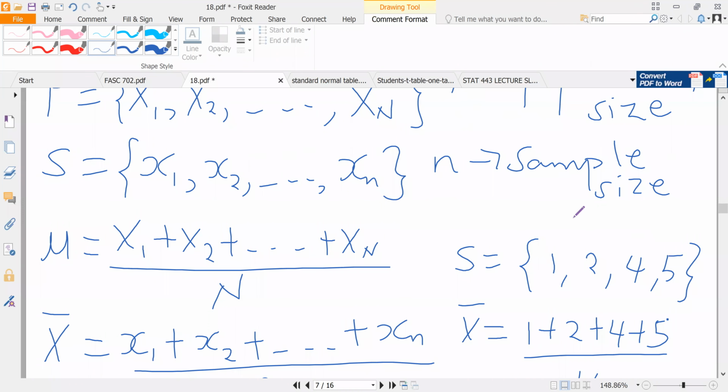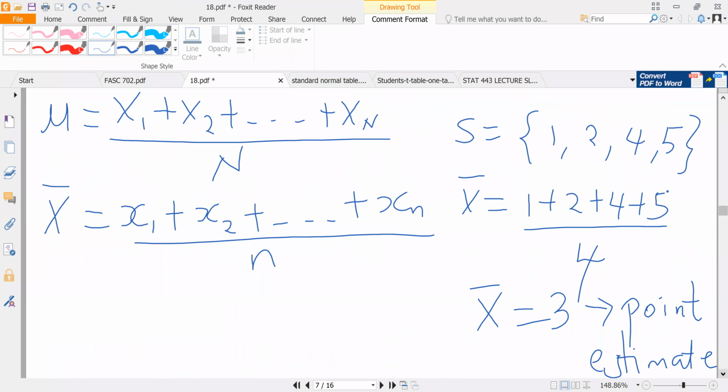So an estimator is a function, but a point estimate is not. Once you have actual data and you calculate a value for that estimator, what you get is a point estimate.